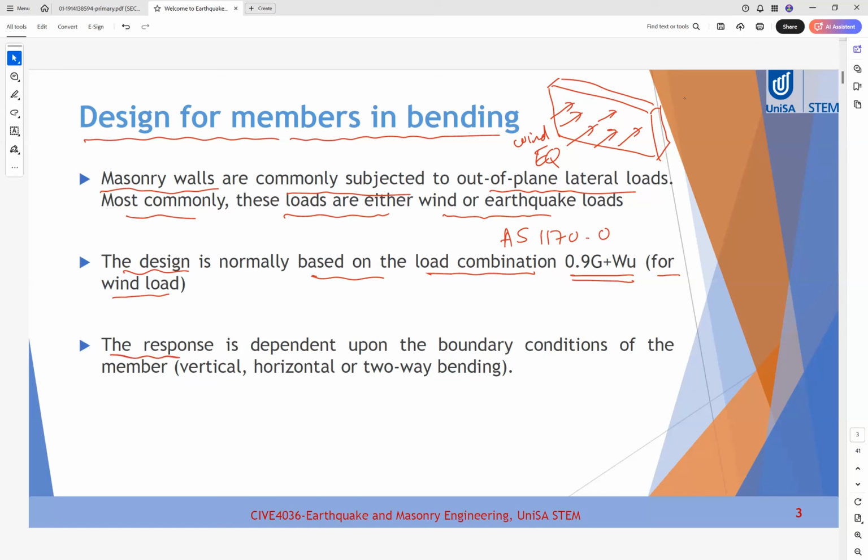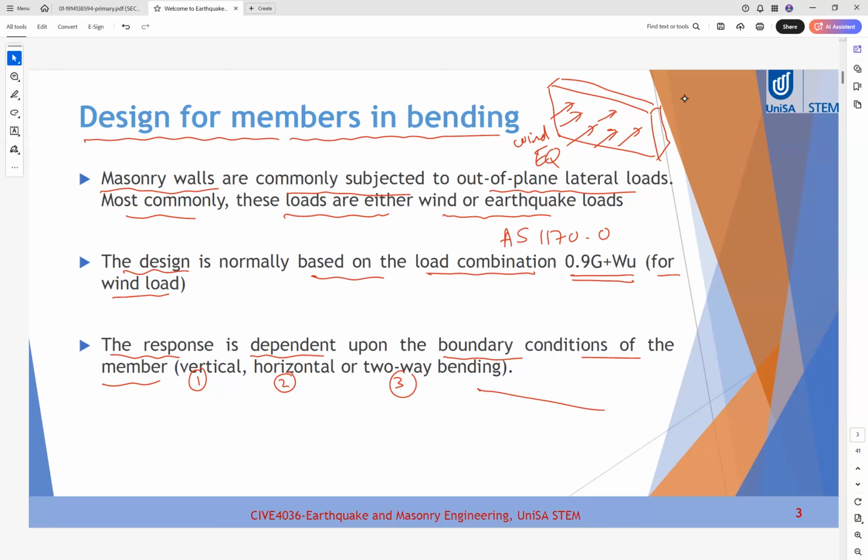The response of the masonry wall in bending is dependent on the boundary condition of the member. So we have three different bending behaviors: vertical bending, horizontal bending, or two-way bending.